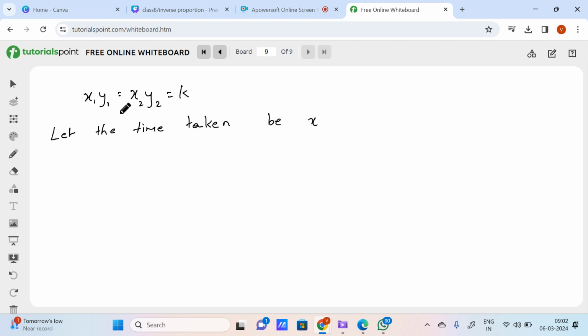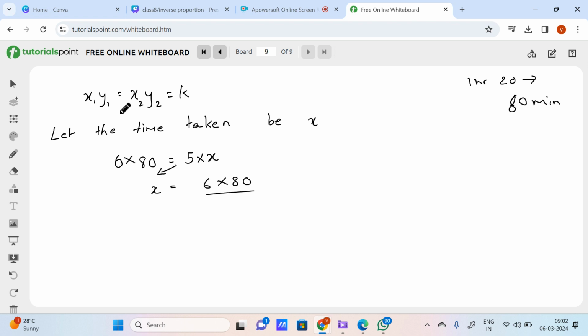The product I have is 6 pipes and 1 hour 20 minutes. I'm going to convert this into minutes and make it 80 minutes. So 6 into 80 equals, now I know that I have 5 pipes, but I don't know x. Very easy. Now I'm going to just transpose and make it x equal to 6 into 80 by 5.